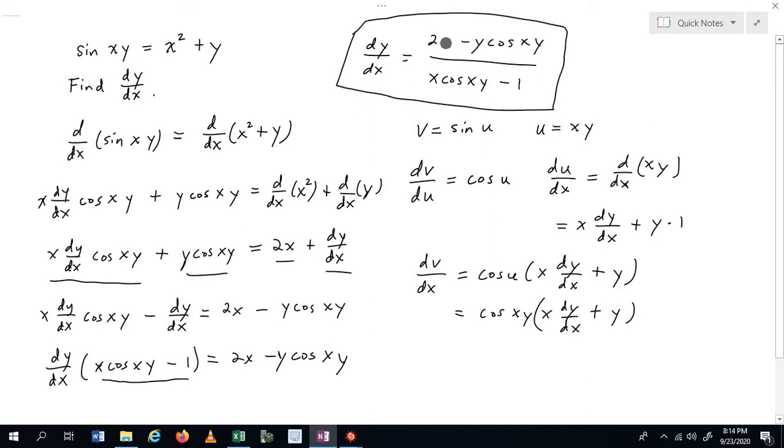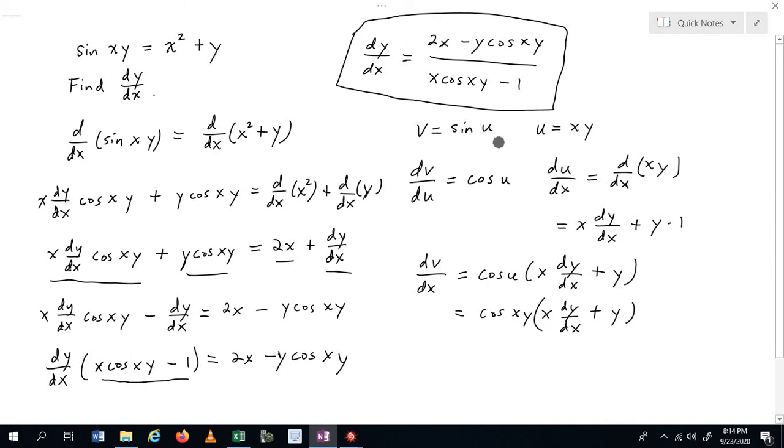Now notice that this derivative is in terms of both x and y, and I mentioned in the last video that will happen when you find dy/dx using implicit differentiation. So unfortunately, our derivative is written in terms of both x and y, but the good news is we do have dy/dx. It's just written in terms of two variables, x and y.